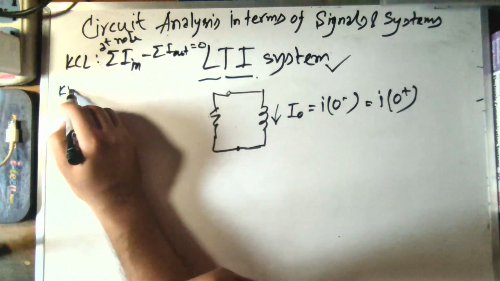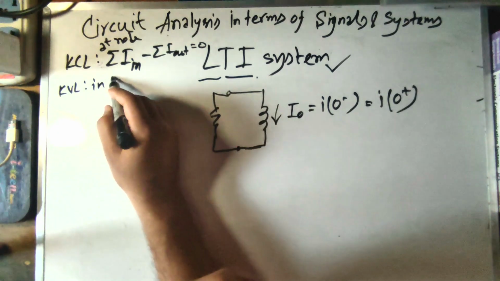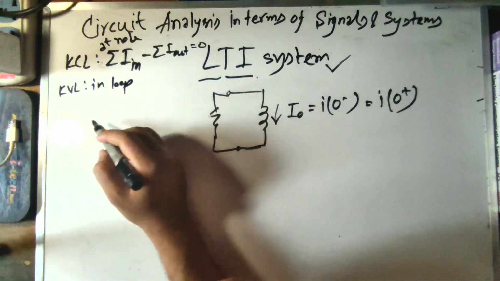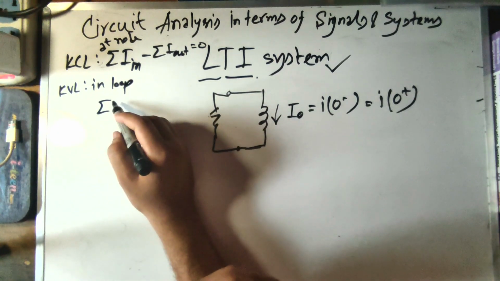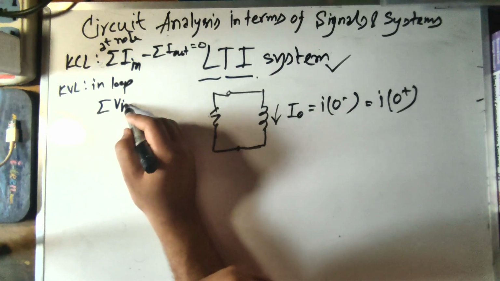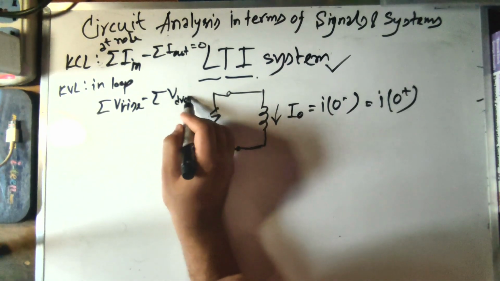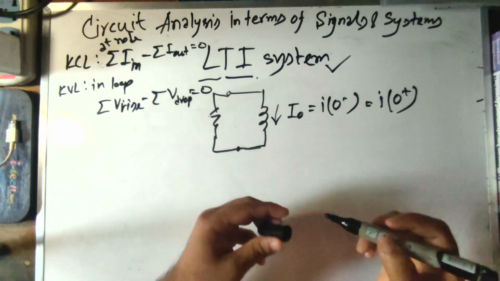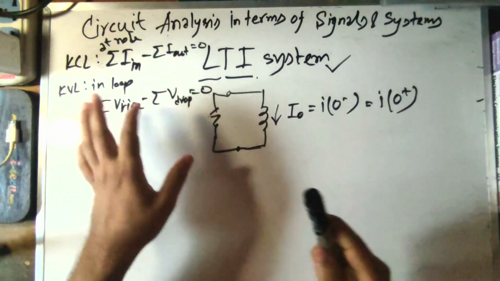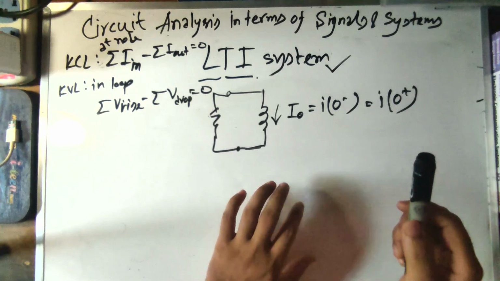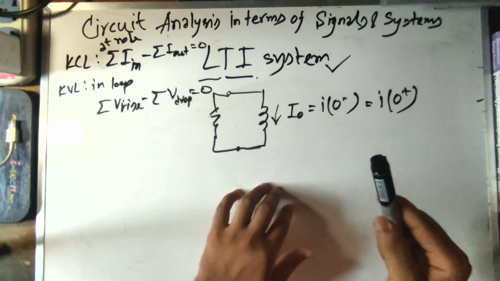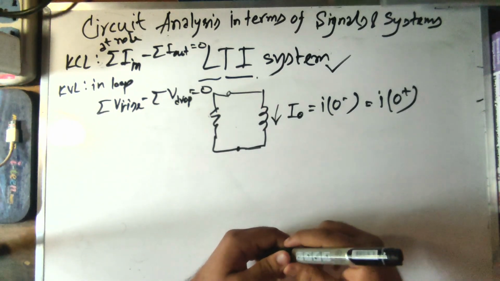And KVL states that in a circuit loop, voltage rise minus voltage drop is 0. So we will use this to analyze this system with initial current.